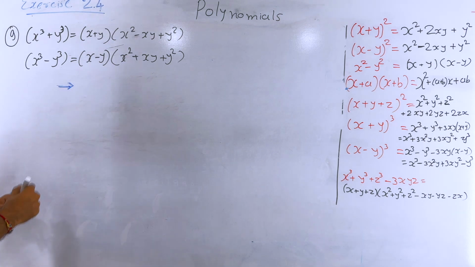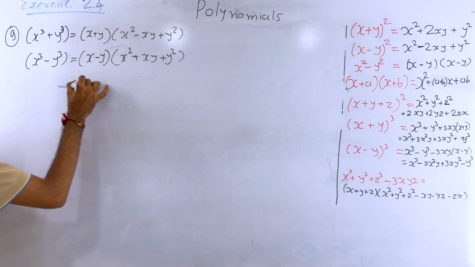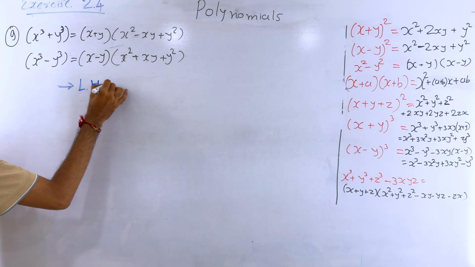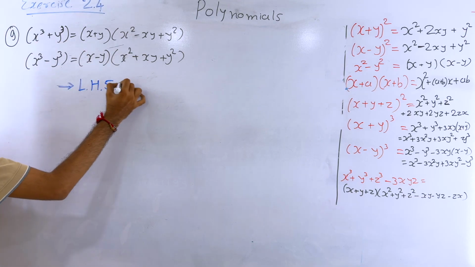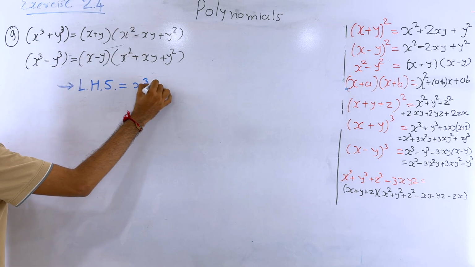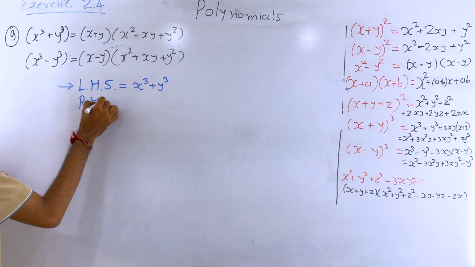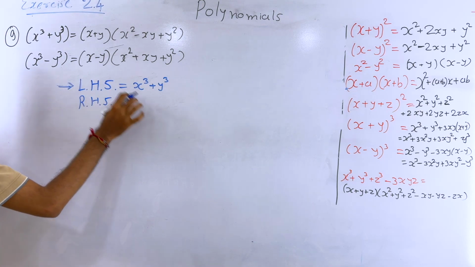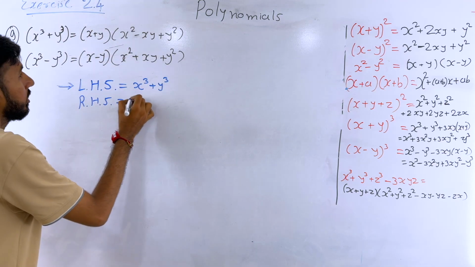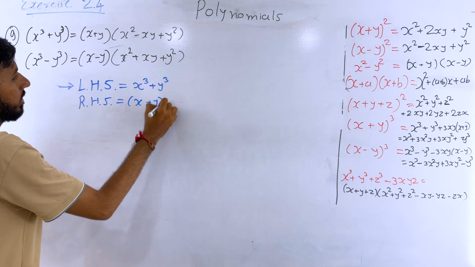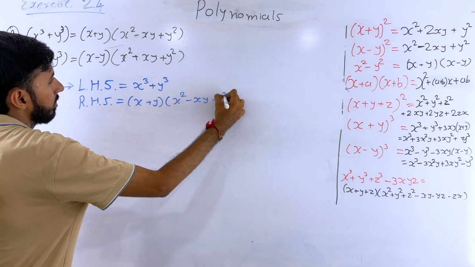So to verify it, let me write the left hand side. Left hand side means the left side of the equal to sign. My left hand side is equal to x cube plus y cube, right? What is my right hand side? Right hand side is equal to this, the right side of the equal to sign, so it is x plus y in the bracket x square minus xy plus y square, right?